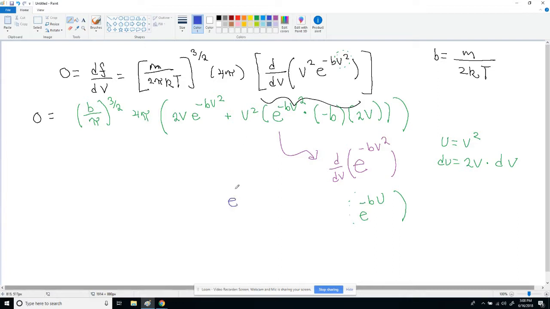So e to the x, when you do d dx, you get e to the x times dx. So in this case, we have e to the u times du. So we have du over 2 is equal to v times dv.